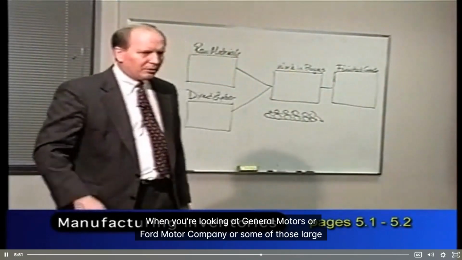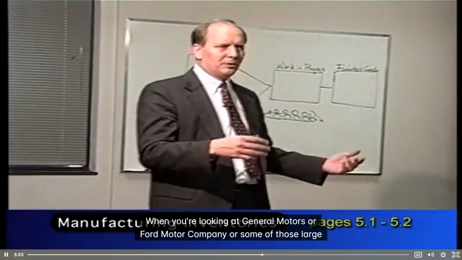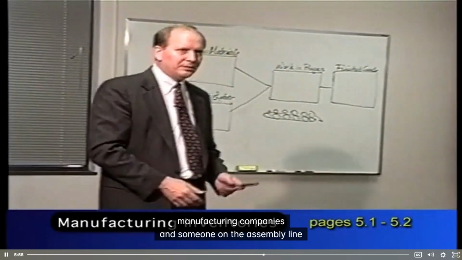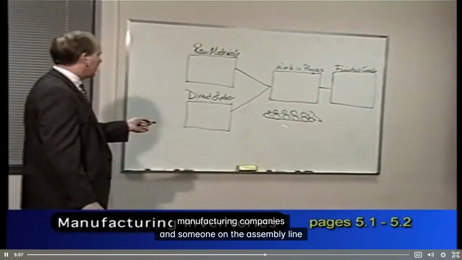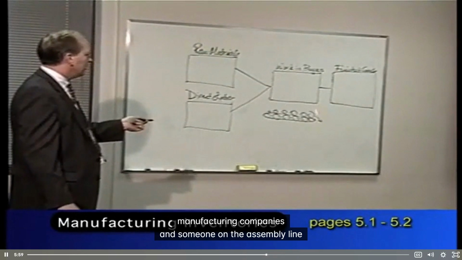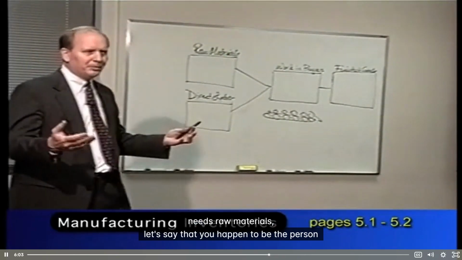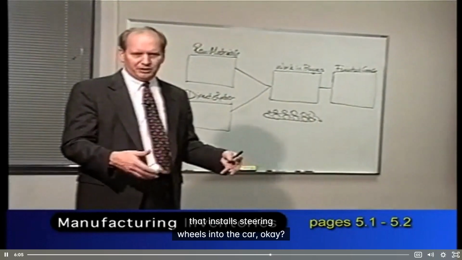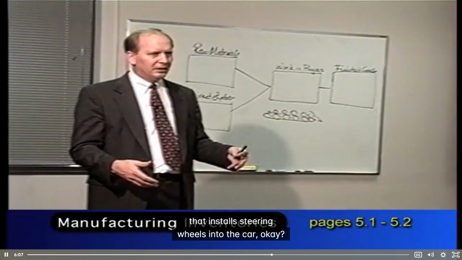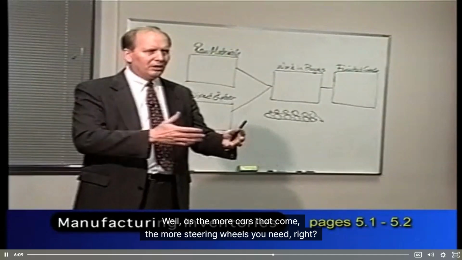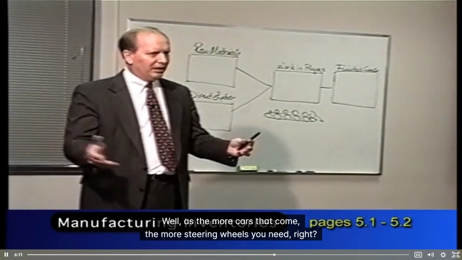When you're looking at General Motors or Ford Motor Company or some of those large manufacturing companies, and someone on the assembly line needs raw materials, let's say that you happen to be the person that installs steering wheels into the car, okay? Well, the more cars that come, the more steering wheels you need, right?